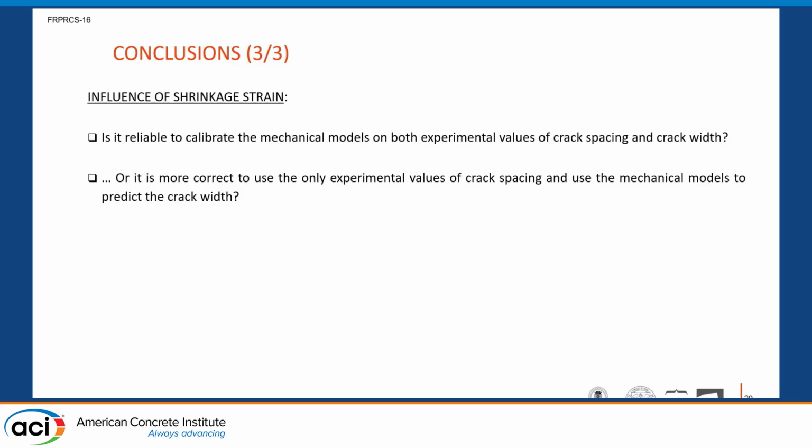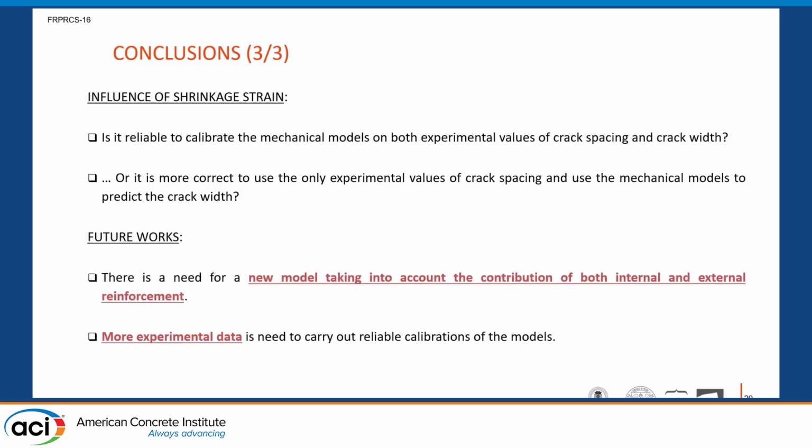Or is it more correct to use only the experimental values of the crack spacing and use the mechanical models to predict the crack width? For future works, we need a model that takes into account the contribution of both internal and external reinforcement, and we want to calibrate it with more data.